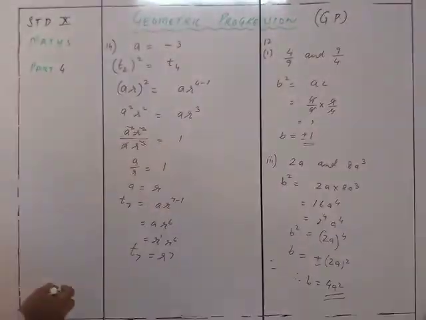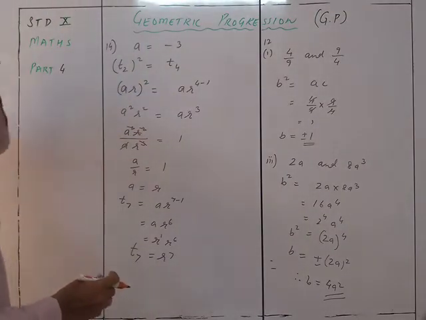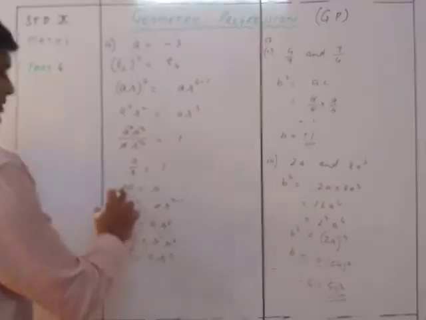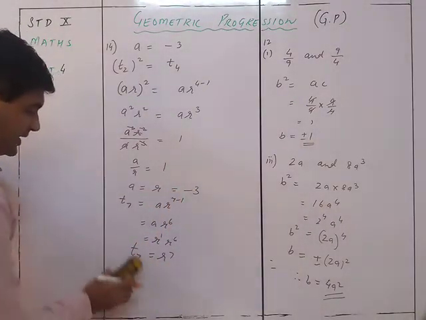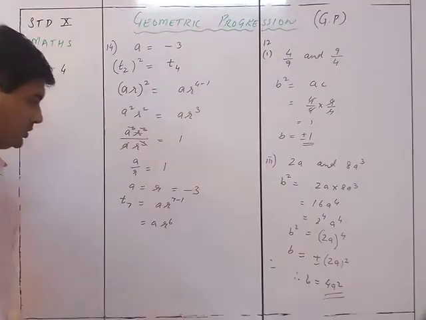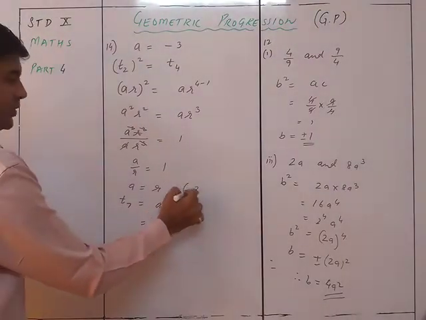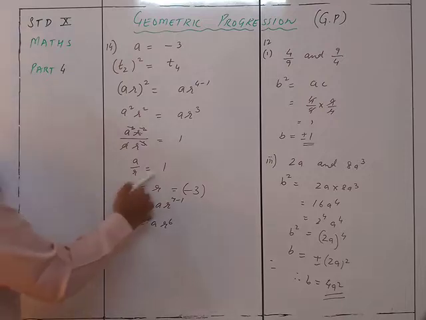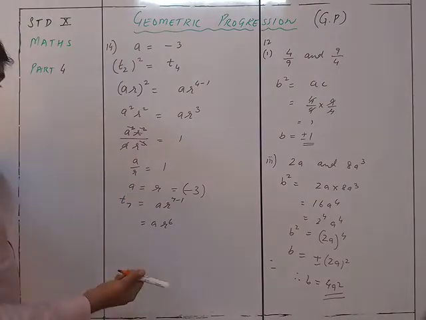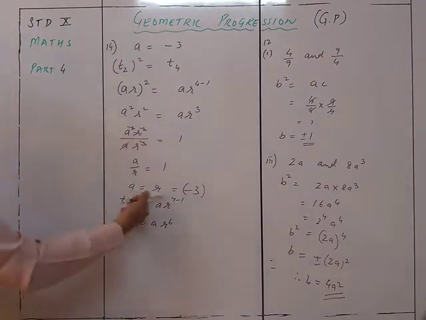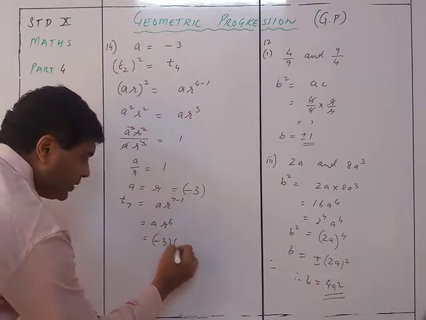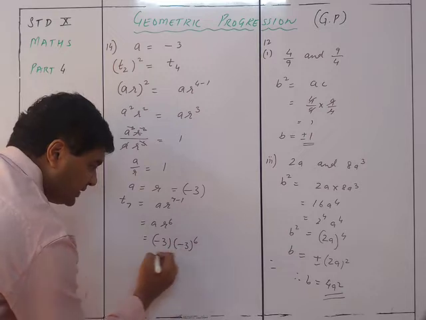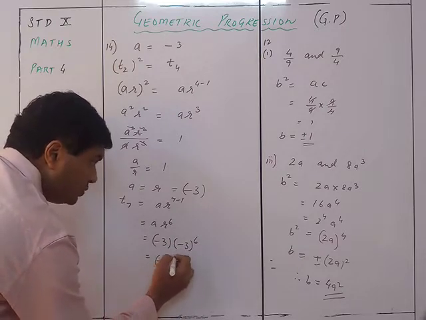Now we know that, oh sorry, it's already given, I just missed that. Okay. So A is equal to minus 3. Right, so we can directly substitute the values here. So A is equal to R is equal to minus 3 over here, because we are getting A is equal to R. So over here we get minus 3 into minus 3 raised to 6, which is equal to minus 3 raised to 7.